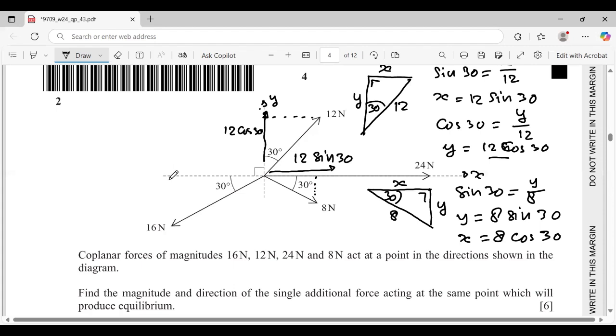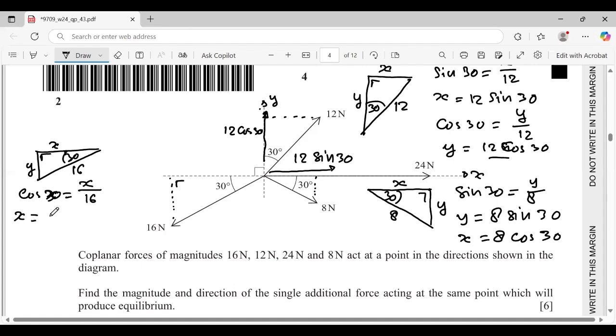Now this one is also a right angle triangle, so I'd like to create the right angle triangle here. This is 16, this is y, and this is x. Cosine 30 equals x over 16.